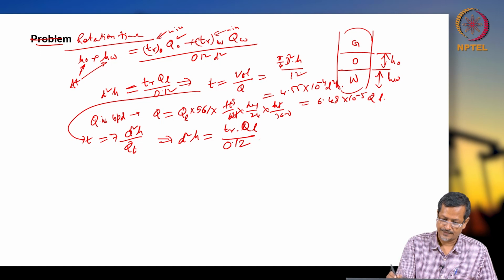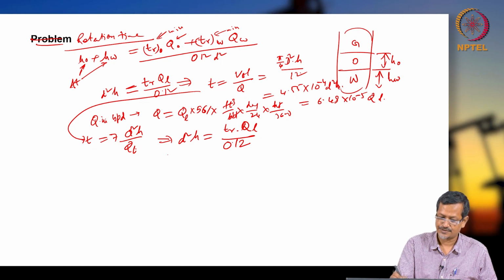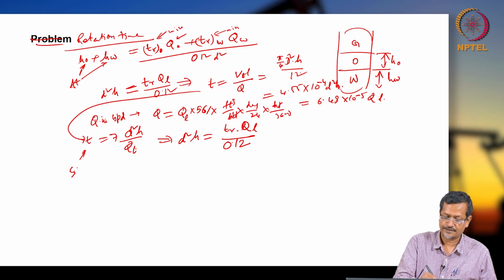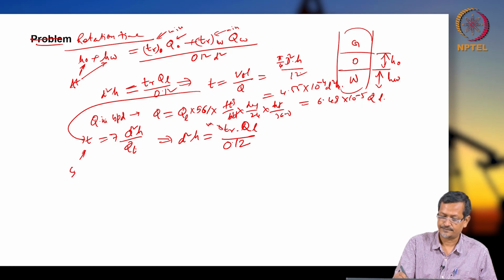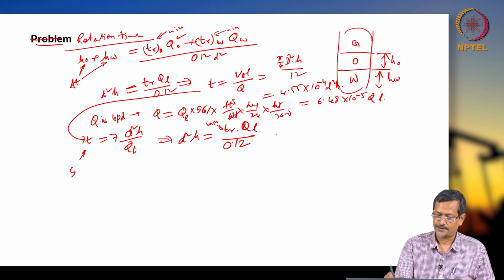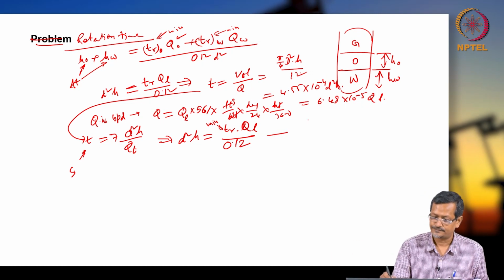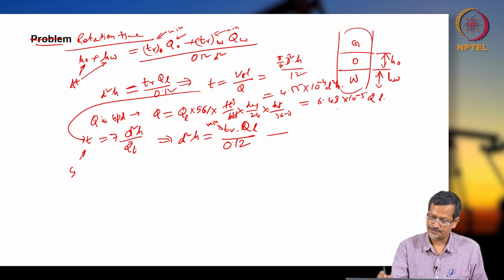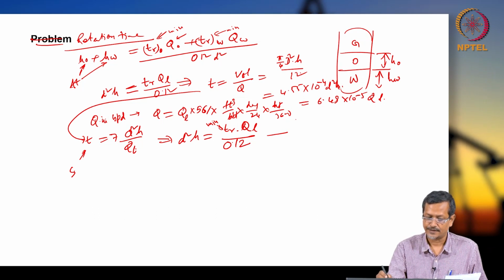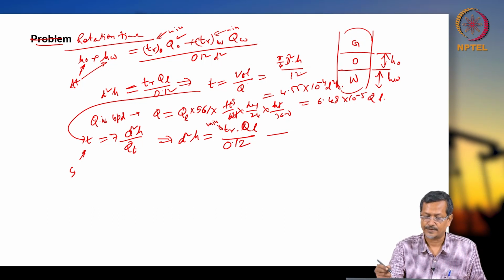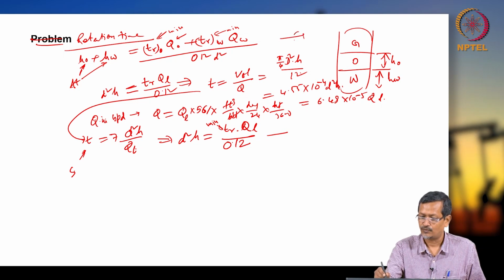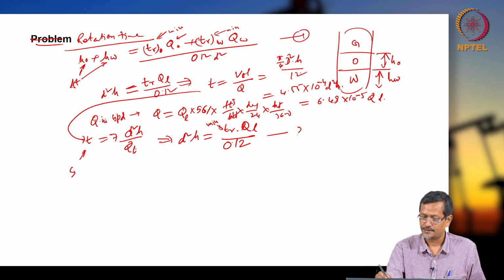And 0.12 is coming because T is in seconds and TR is in minutes. Okay, so this formula is coming. Now D square H for oil, let's give equation numbers here: 1, maybe this one 2.